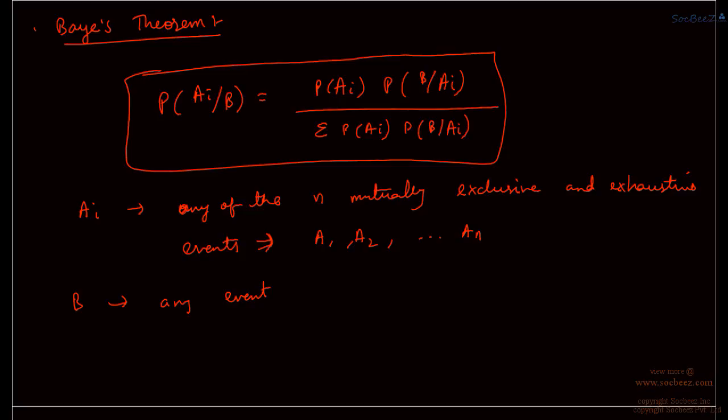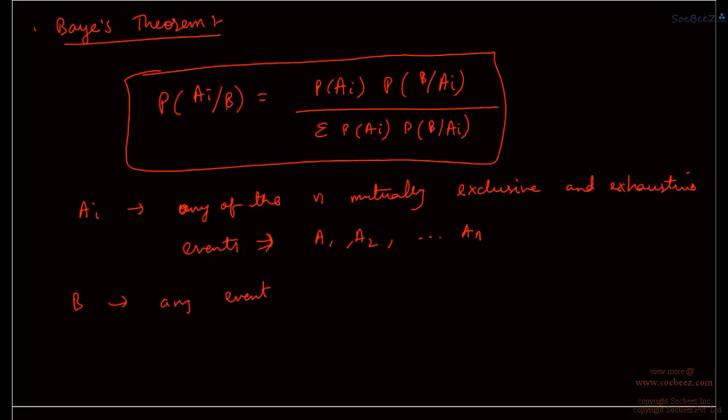Right? So what the formula actually says is, suppose we know that our event B has occurred, so what is the probability that a specific Ai event has occurred?